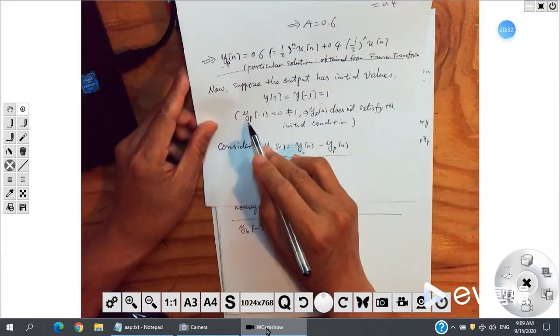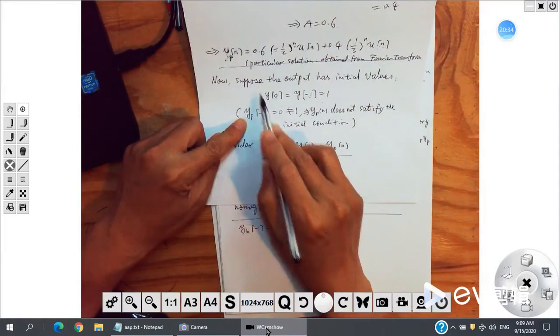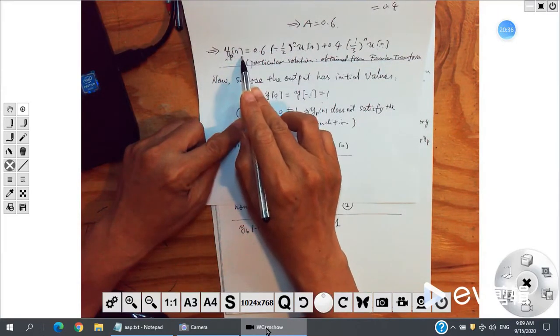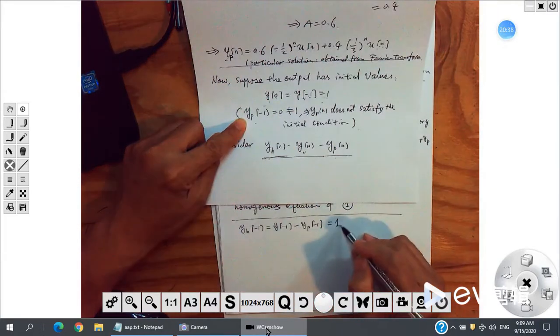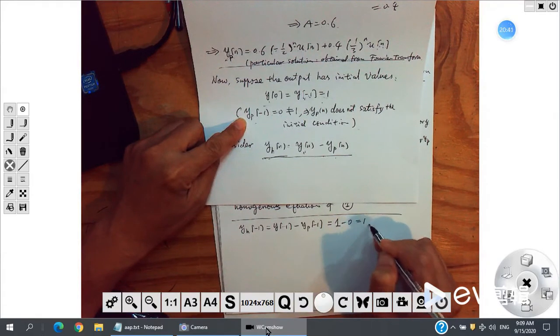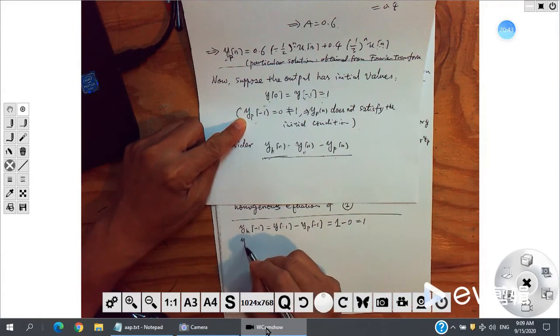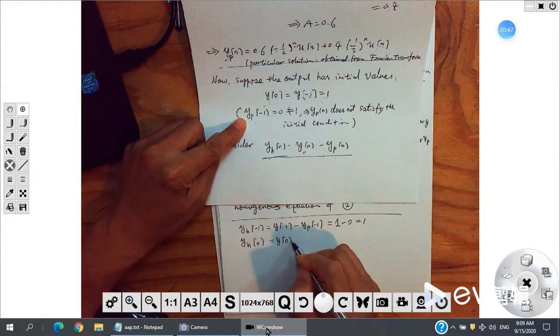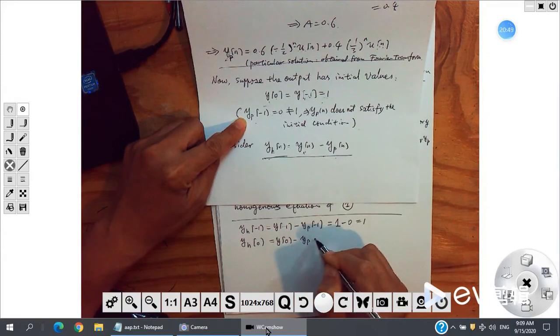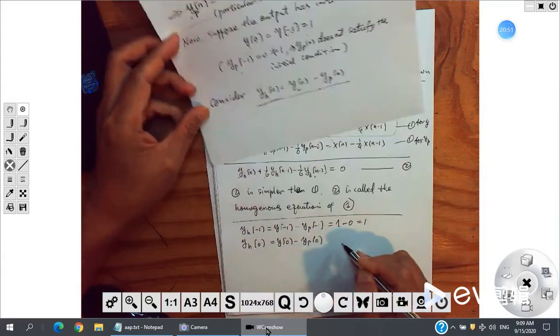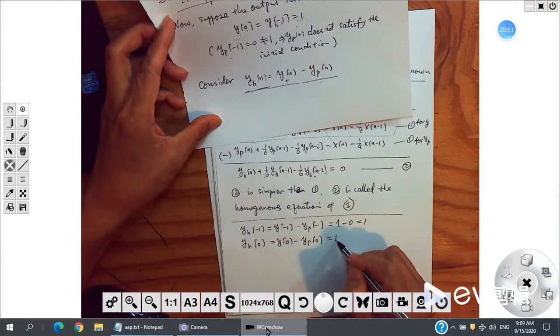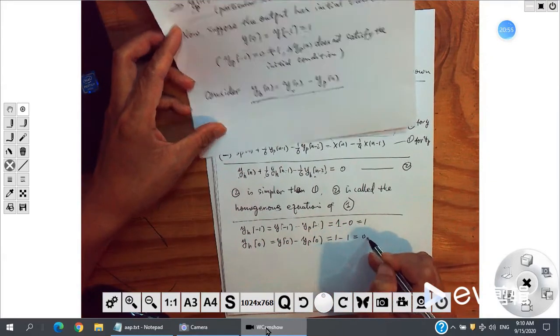And yp, initial value, we plug in the negative 1, you know this is 0, so this is minus 0 equal to 1. Okay, and yh at 0, it is y of 0 minus yp of 0, right? Similar thing. So this equal to 1 minus 1 equal to 0.